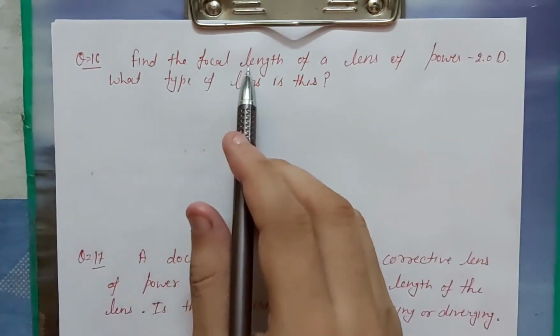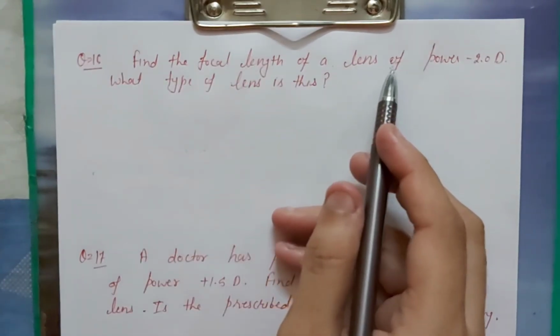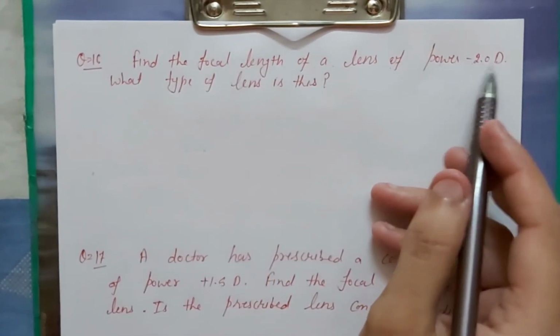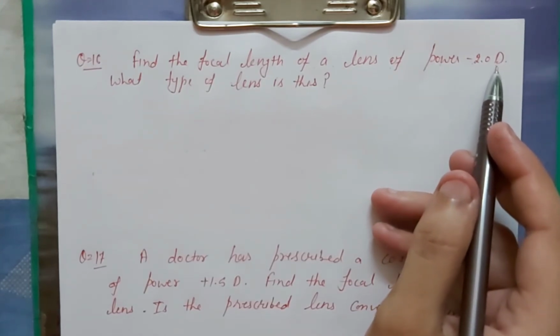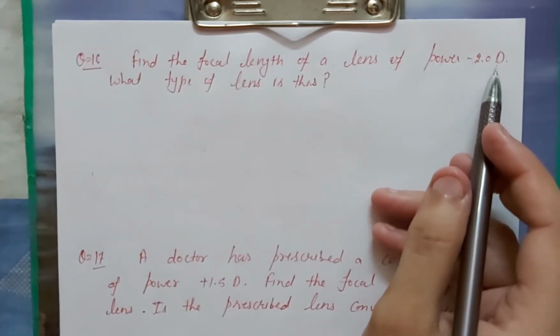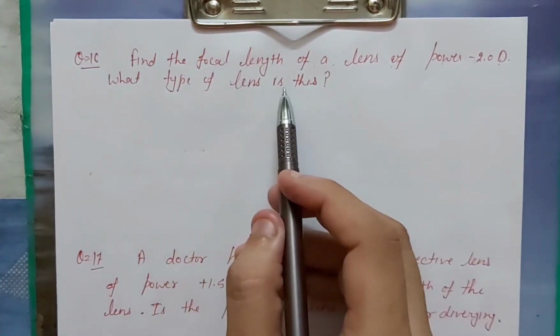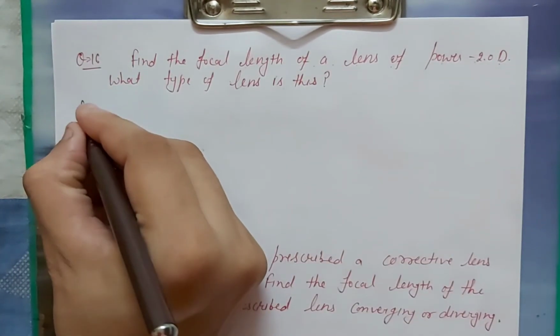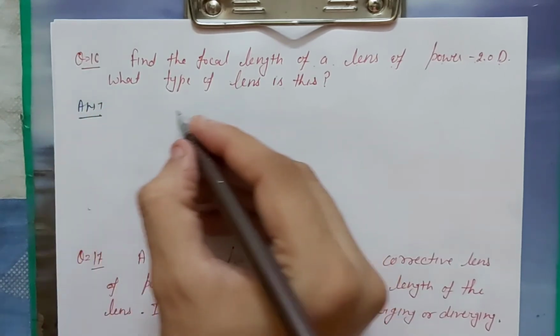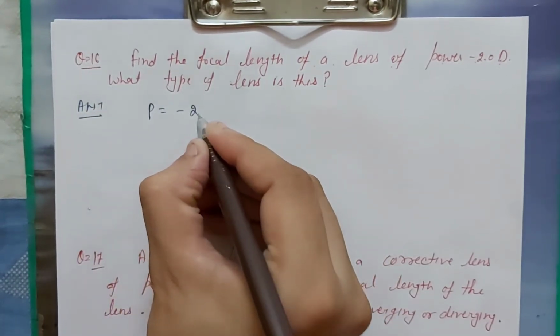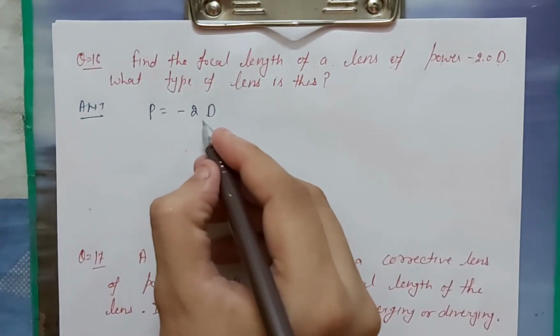Next is: find the focal length of a lens of power minus 2D. D is the SI unit of power of lens. What type of lens is this? Answer. Firstly, P is given minus 2D. We can simply write it 2D.